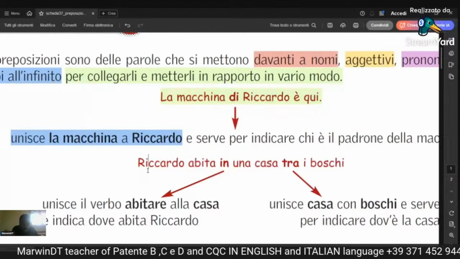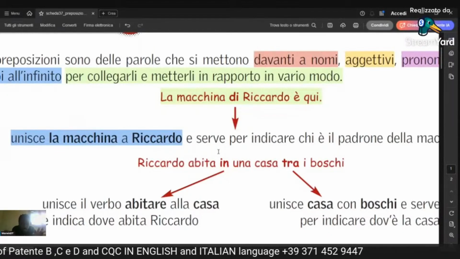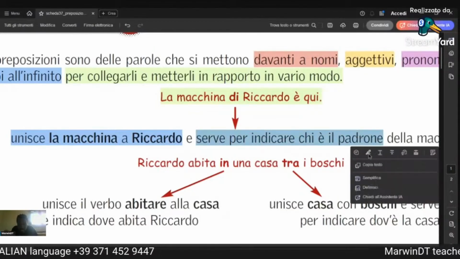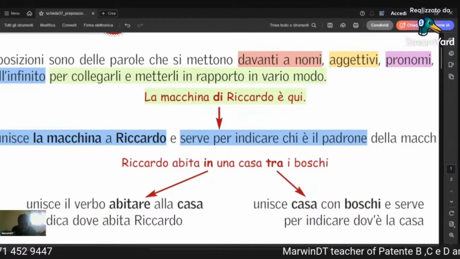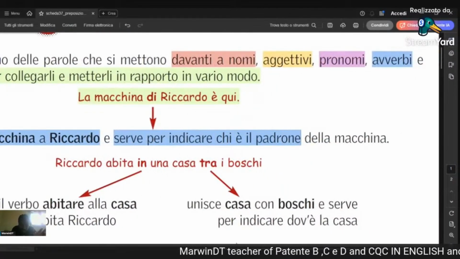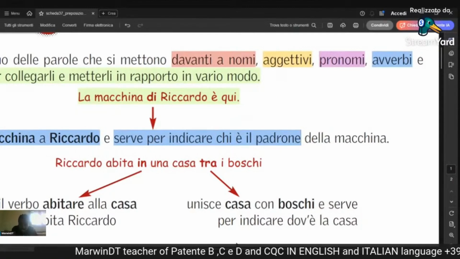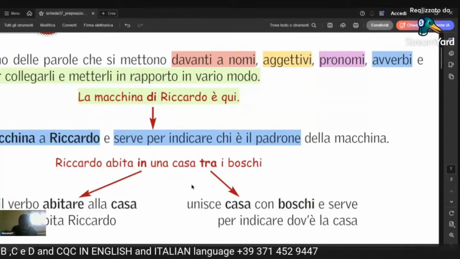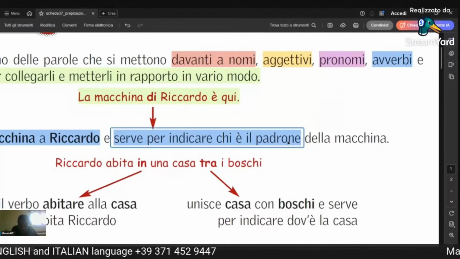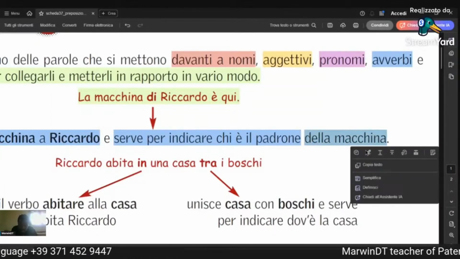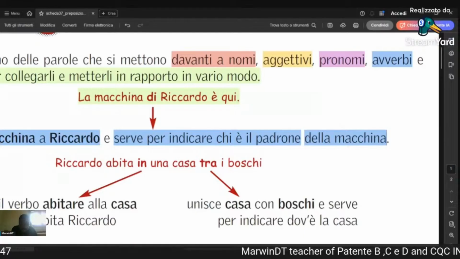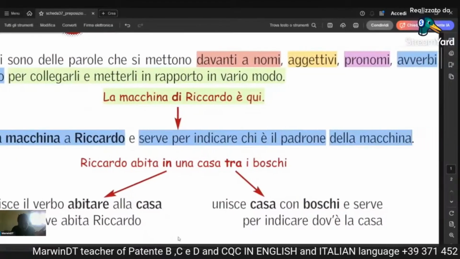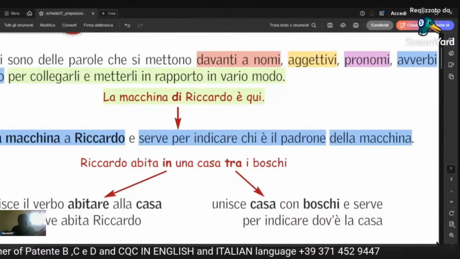With Riccardo. E serve per indicare che il padrone, and its purpose is to indicate that the owner, the padrone della macchina. So its purpose is to indicate that Riccardo is the owner of the car. That's the meaning of the preposizioni.